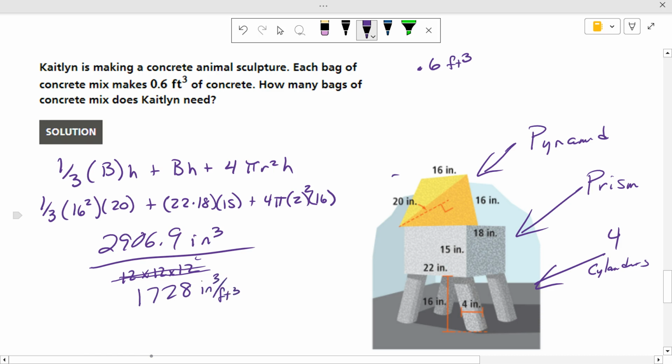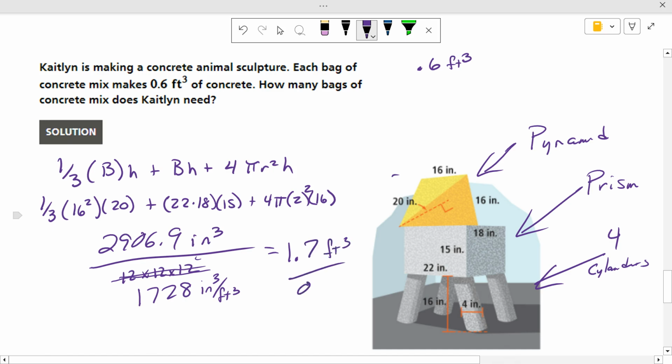All right, there, that looks a little better. So if we divide this, this is 1 point something cubic feet. 1 point what cubic feet? 1.7 cubic feet.